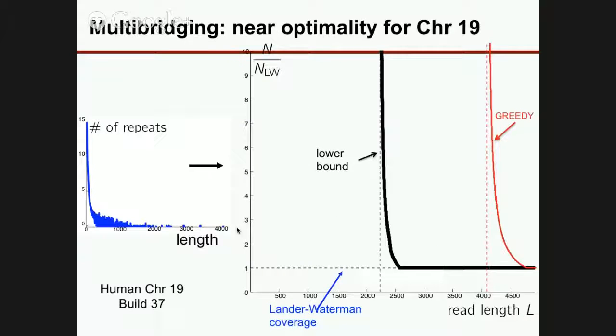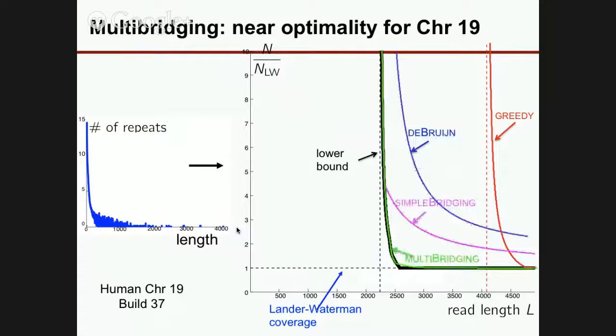But we got lucky with this particular data set, with this particular genome, because the upper bound and lower bound meet very closely. And why is that? Well, it turns out that in this genome, the triple repeat is significantly shorter than the interleaved repeat. So therefore, the bottleneck condition is bridging the interleaved repeat and not bridging the triple repeat.